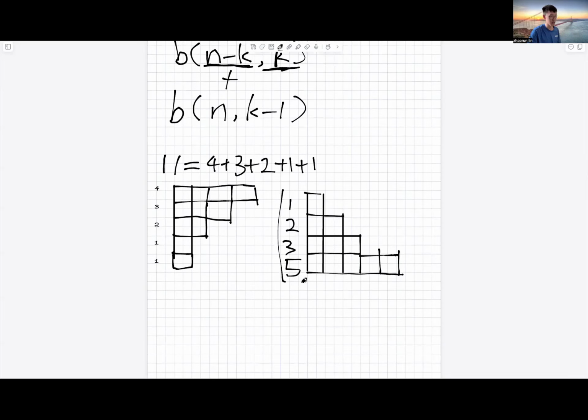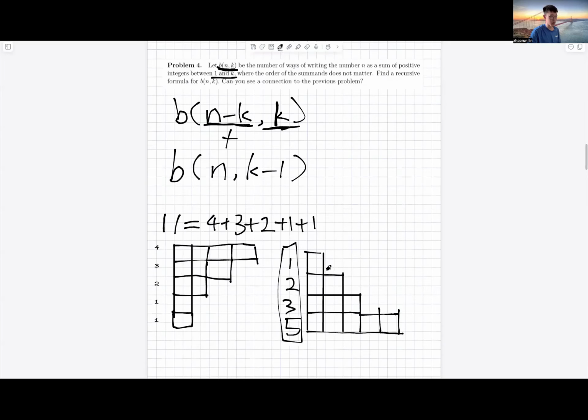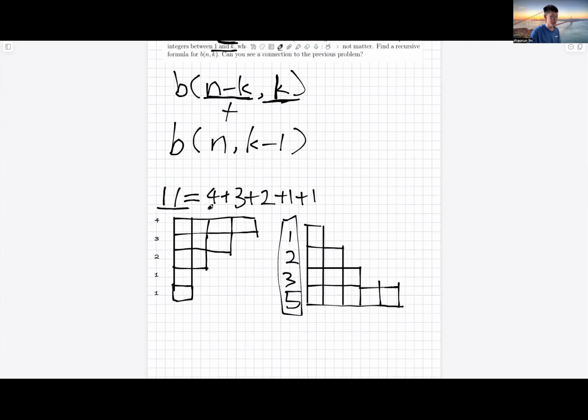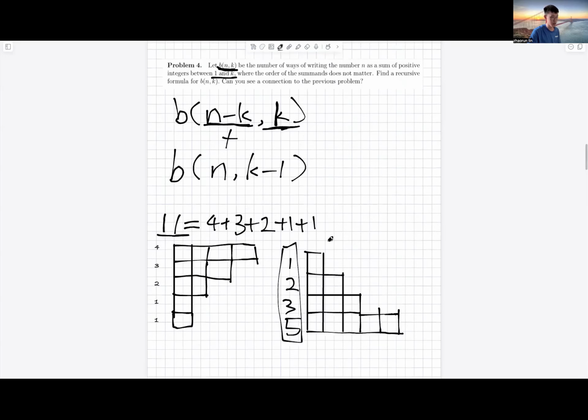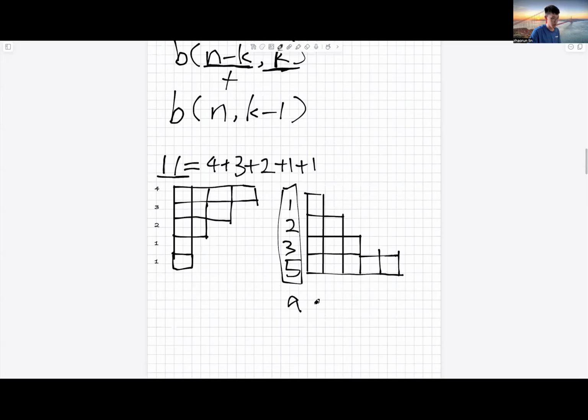And this is only 4 summands. So it corresponds to representing 11 using just 4 summands. So this is just A(n, k), right?